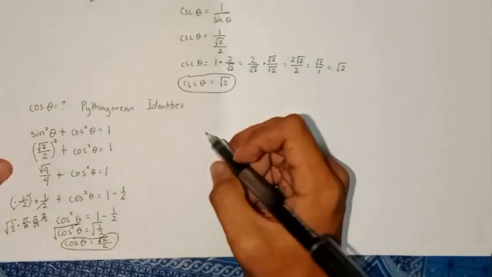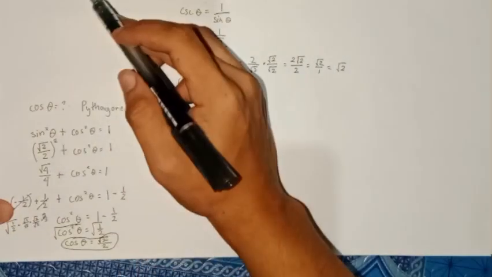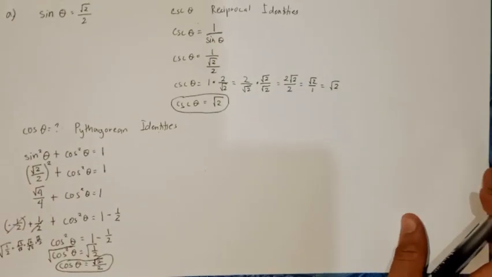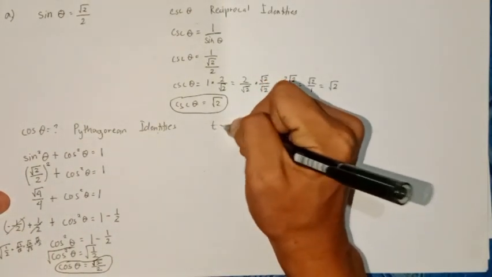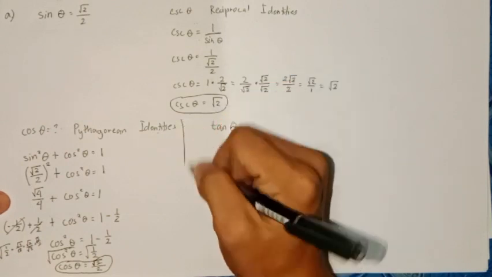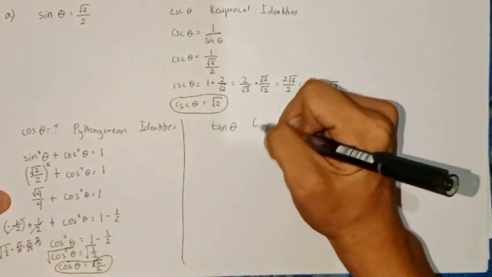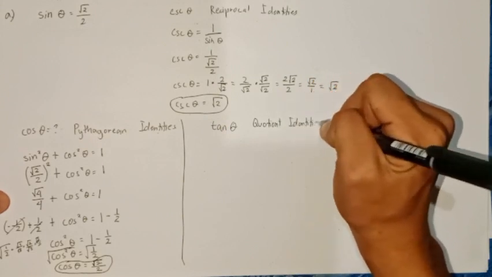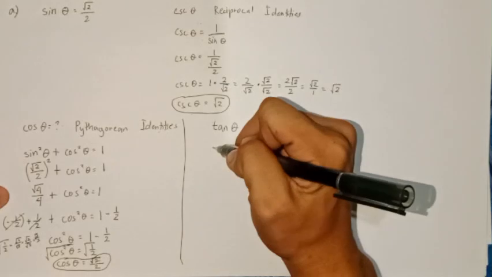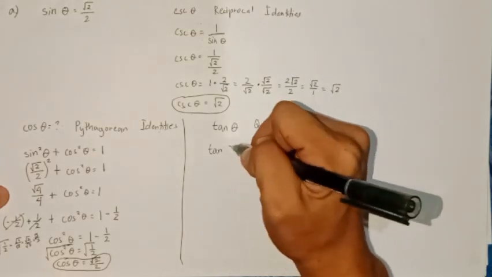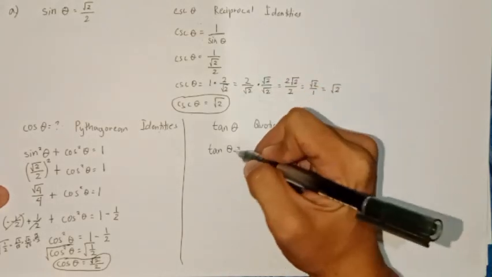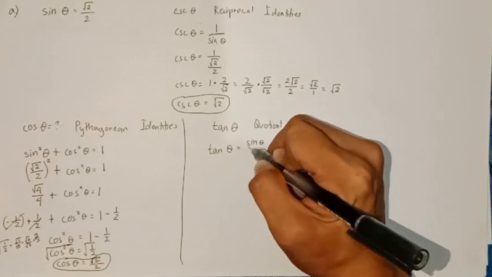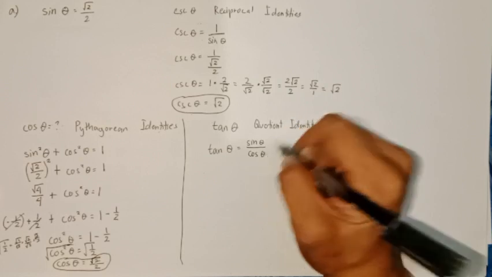Now, since we have sine theta and cosine theta, we can now find the value of tan theta by using the quotient identities. Now, the formula of quotient identities, tangent theta is equal to sine theta over cos theta.